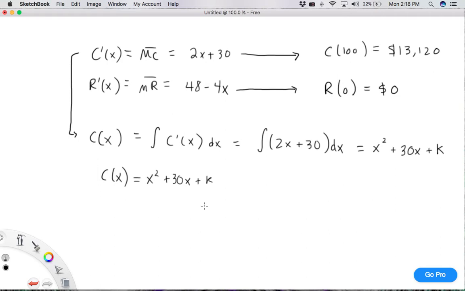And then we know something about the initial value, right? We know basically when x is 100 units, then the cost is $13,120. So we're going to plug in those values, and we're going to try and find out what the constant at the end of this equation was. So the cost for the quantity that we know is 13,120, and that's going to be this.